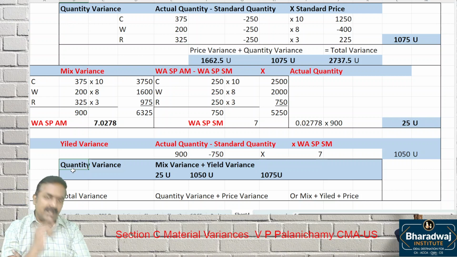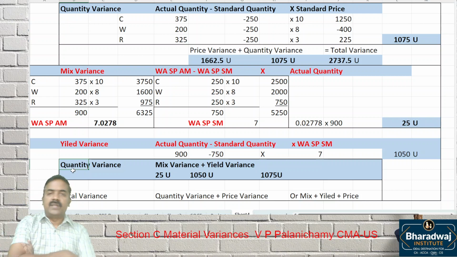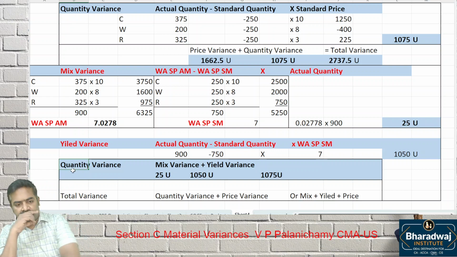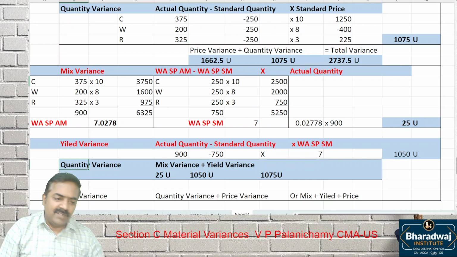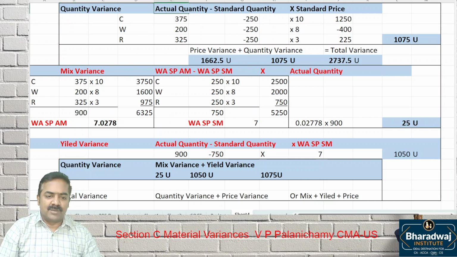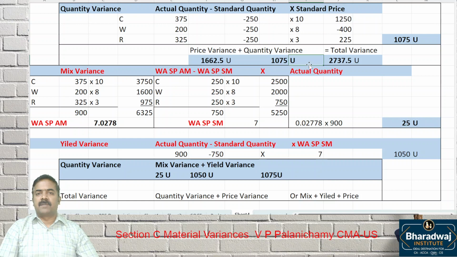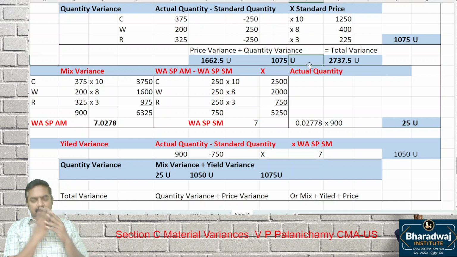In that we have seen only one variance today, that is which variance? Material variance. Labor variance also in the same way, we will call it differently. Instead of actual quantity, we call it actual hours. Instead of standard quantity, we'll call it standard hours. Instead of standard price, we'll call it standard rate per hour, like that. So it is simple to work out.